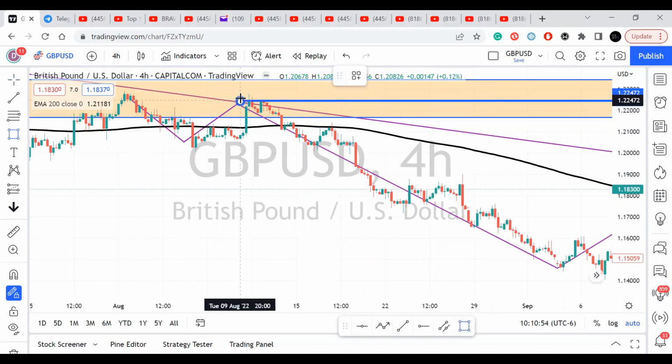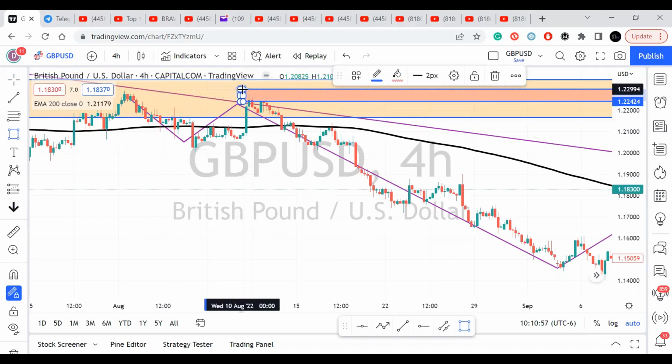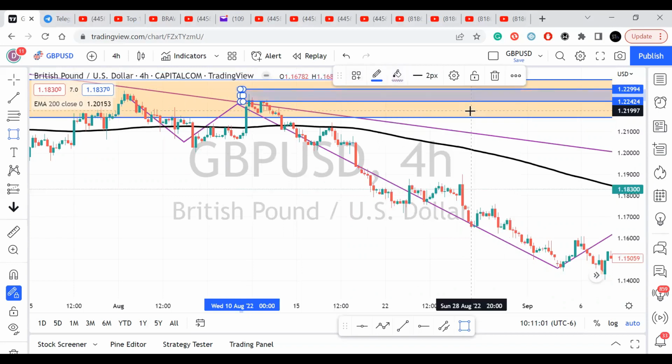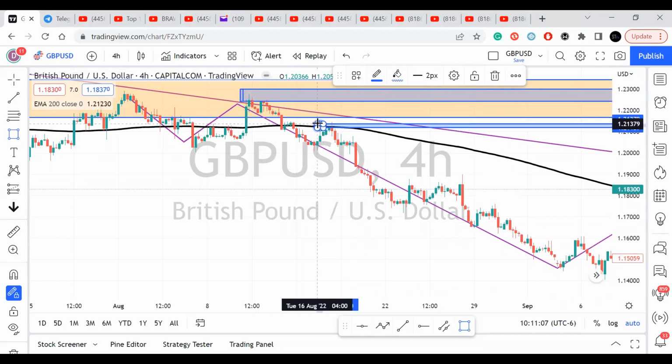So here, I join it up. For my H4, I use blue color to indicate it. Then for my daily, I use red, and for the weekly, I use orange.